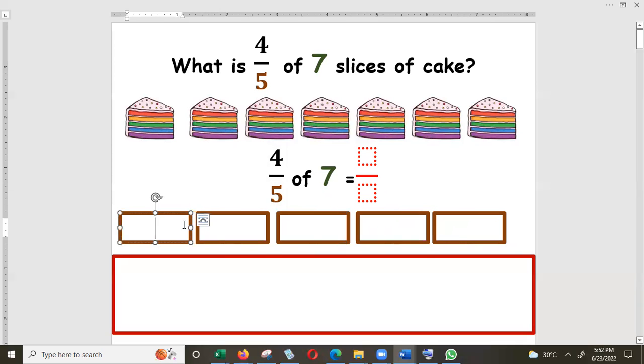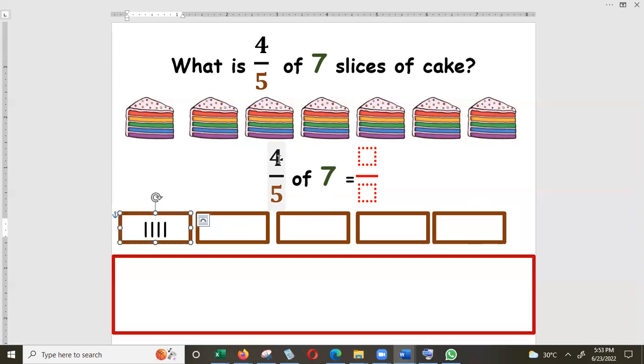So now we're going to create our 4 groups of 7, or 7 groups of 4, if you want to put it that way. 7 groups of 4 is the same as 4 groups of 7. So let's use 7 groups of 4.